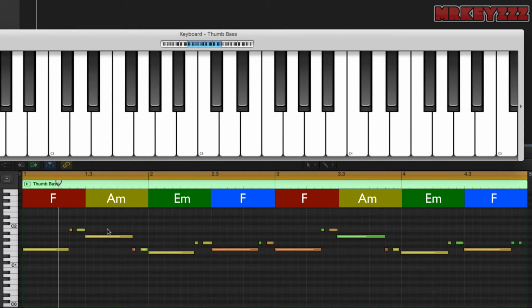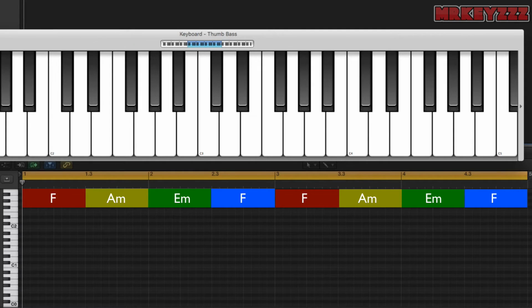Okay, so I'm using 16th notes down there, as you can see. Let's take a look at another example. This time, we're going to use lower neighbors.